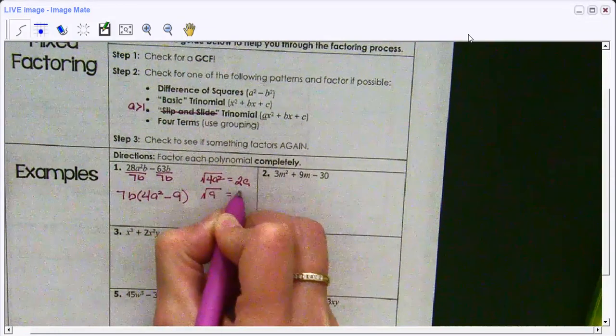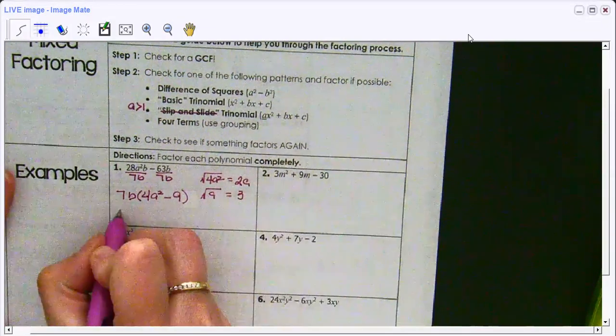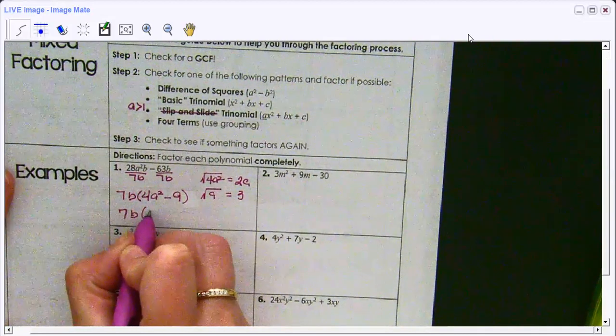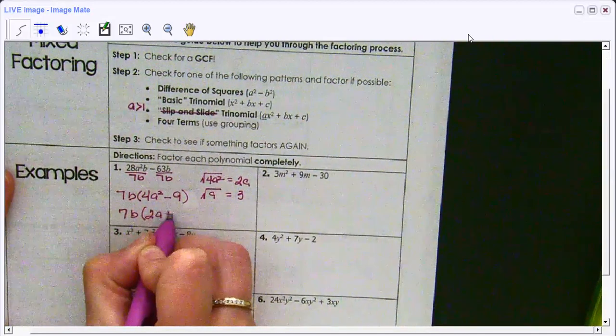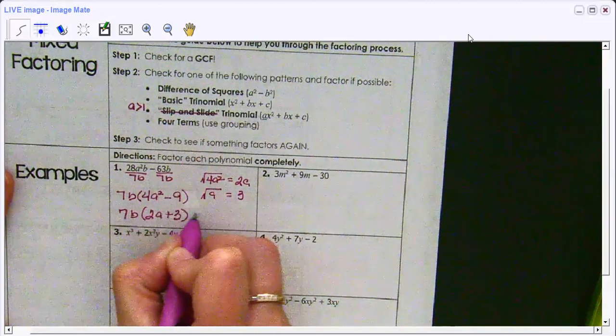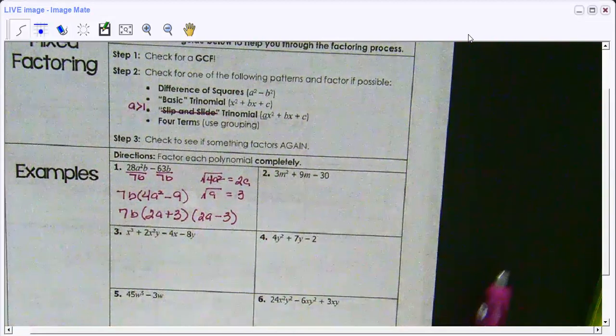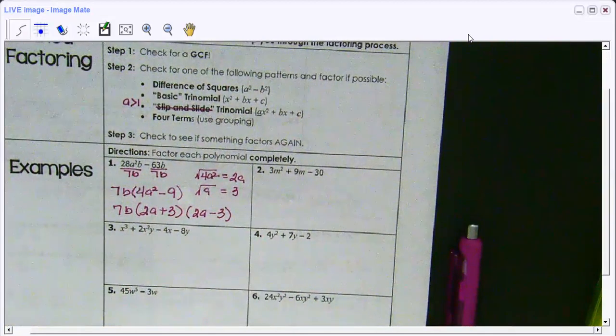Is our test going to be similar to this? Yes. So it's going to be 2a plus 3 and 2a minus 3. All right. Step 3, can we factor any further? No.